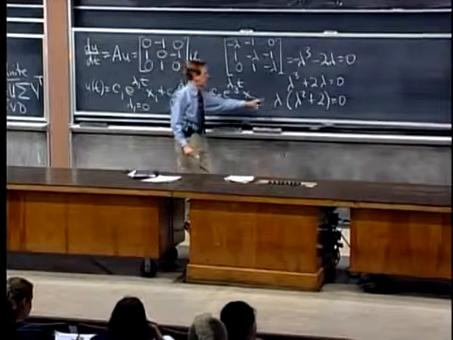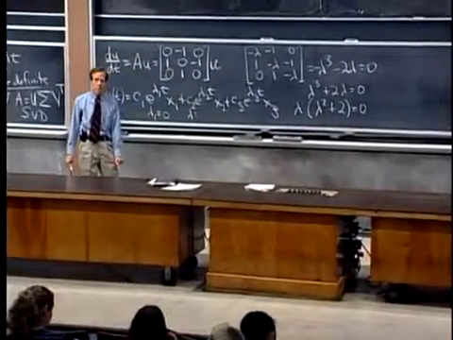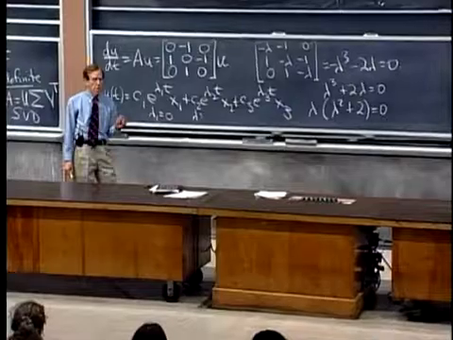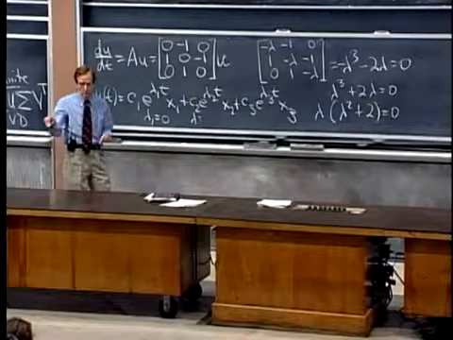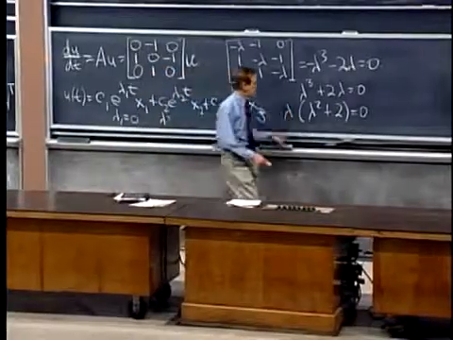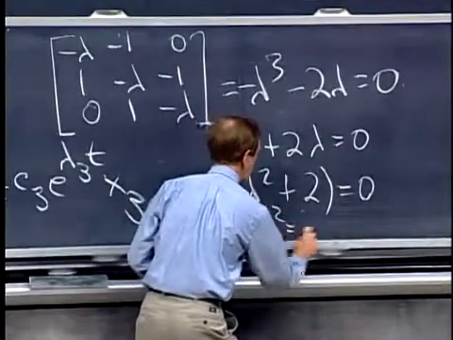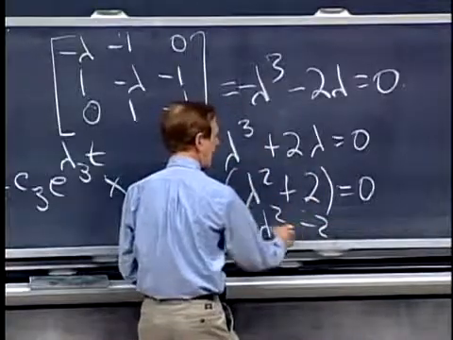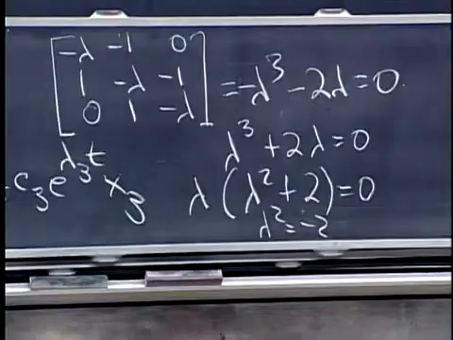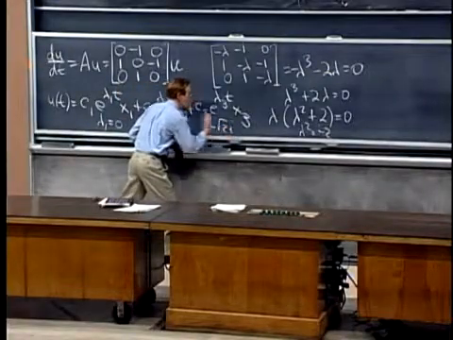The solutions of when is lambda squared plus 2 equals 0, then the eigenvalues, what are they? They're a multiple of i. They're just square root of 2 i. When I set this equal to 0, I have lambda squared equal to minus 2, right, to make that 0. And the roots are square root of 2 i and minus the square root of 2 i.